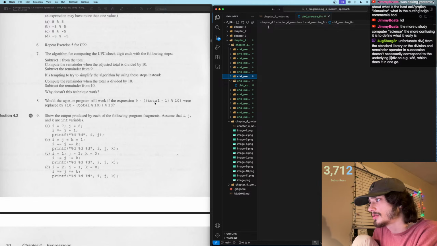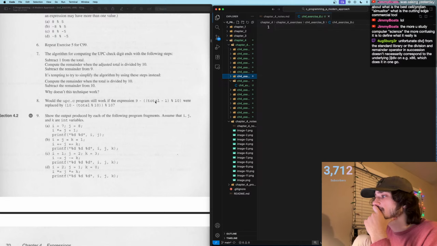So this would be 10 minus 1, 9, 0, 9 minus 0. No, this might be 9. This might be 0 as well. 9 modulo 10 is 9. It's just the value given, right?